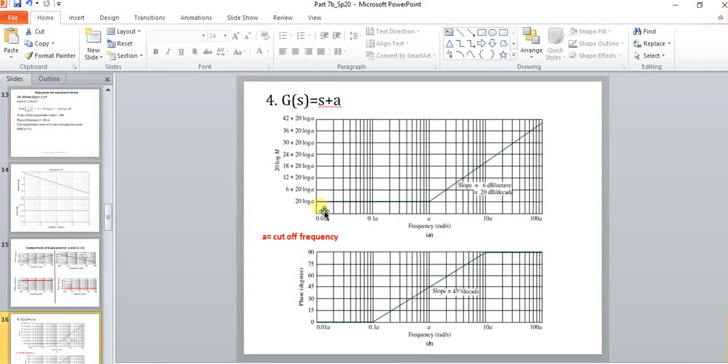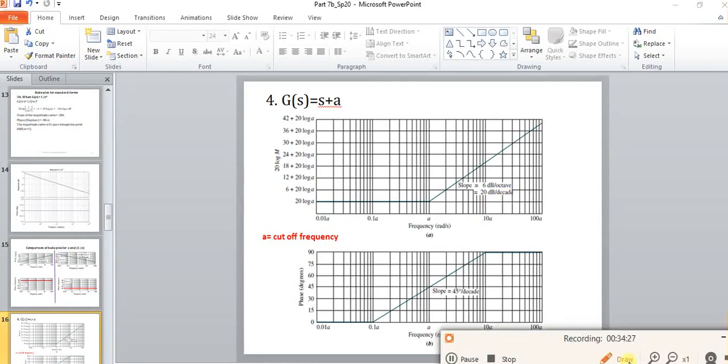For this case, the Bode plot is, up to a frequency a, there is no change in gain, it is the same level, and then it increases. But when it increases, it is with the slope of 20 dB per decade, as we did before.